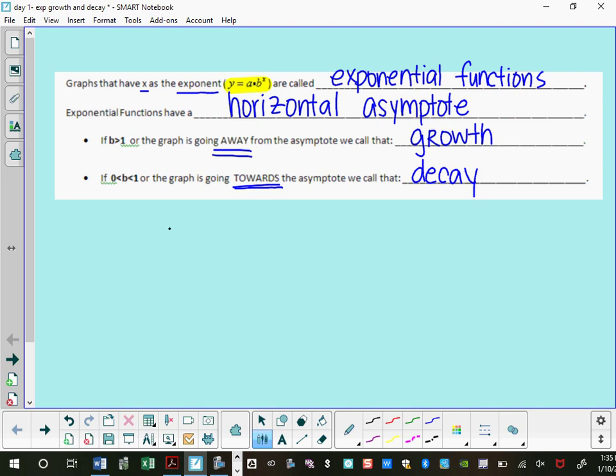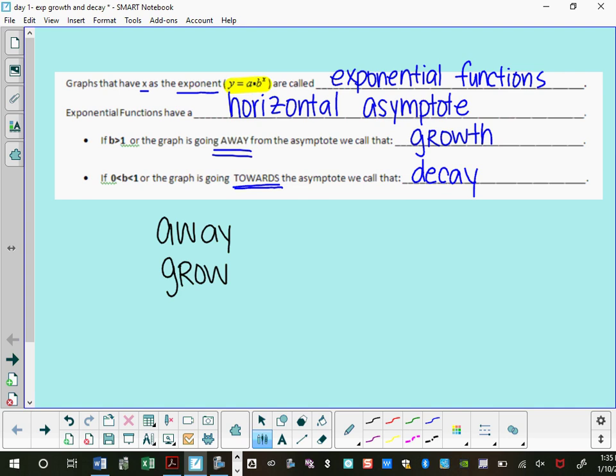So I like to use mnemonic devices a lot. My mnemonic device that I like to remember is that if it's going away, it is growing. I just think about the W's, 4 little words. So if your graph is going away from the asymptote, that's growth.